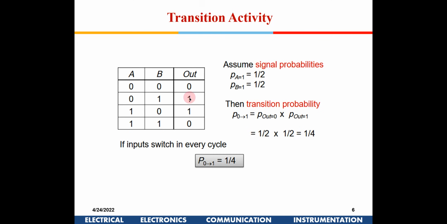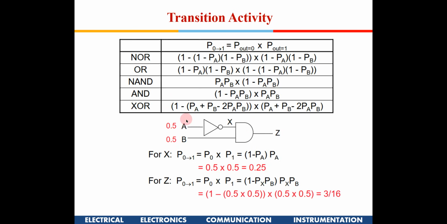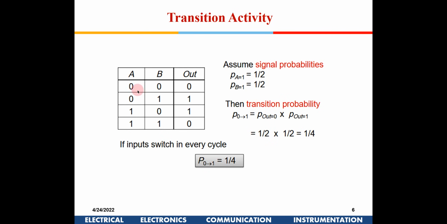Now if I talk about the transition activity of some other gate, this is an exclusive OR. I have not mentioned the gate name here. So 0 0 you get 0, 0 1 you get 1, 1 0 you get 1, 1 1 you get 0. If you assume the probability of A being 0 or 1 is half, only in that case this equation is valid.